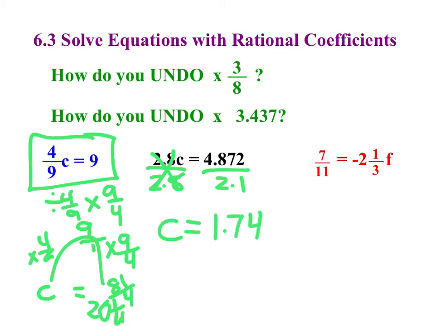Now, the next one, they multiplied by -2 and 1/3. Okay, so I could divide by -2 and 1/3. If I were doing it by hand, of course, I would need to change that to -7/3, an improper fraction. So I'm either going to take 7/11 and divide by -2 and 1/3, which would be fine.